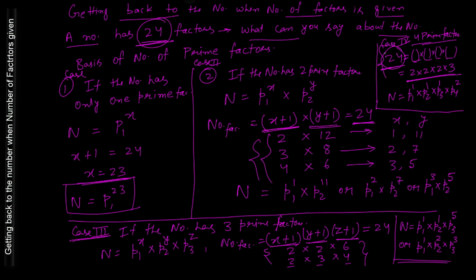Can we break 24 into 5 parts, making sure that each one of them is more than or equal to 2? No, because you see this 2, this 2, this 2, this 3 is a prime number. So none of them can be further broken. So for 24 factors, these are the 4 cases. Now, depending upon the question, you will choose a particular situation. If the number of factors is less, say for example, 8 factors or let's say 15 factors, then obviously the number of cases will be much, much lesser, as you can see.